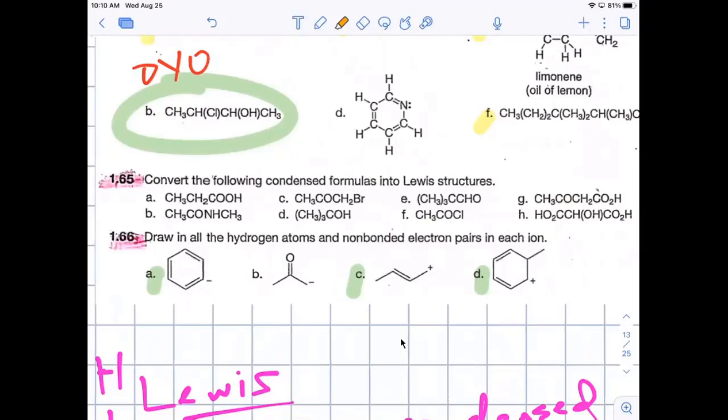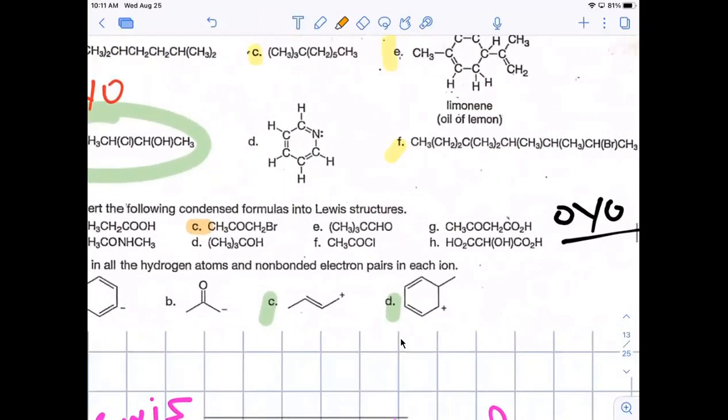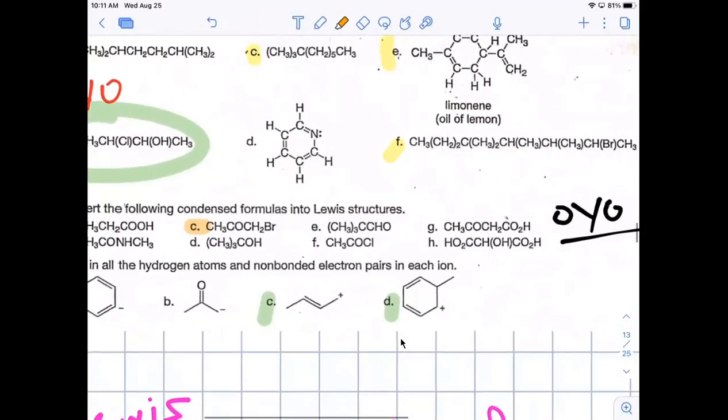I'm not gonna do A until we talk about functional groups. We'll do B and C. All of these are different functional groups.